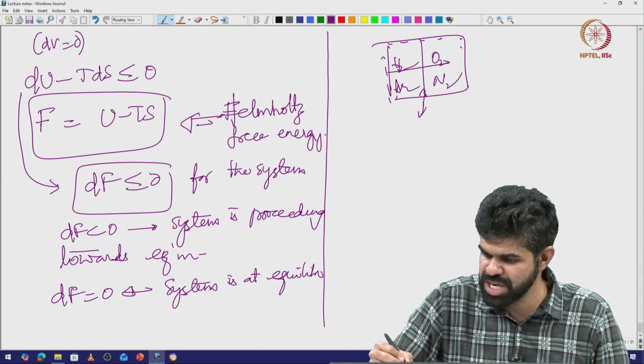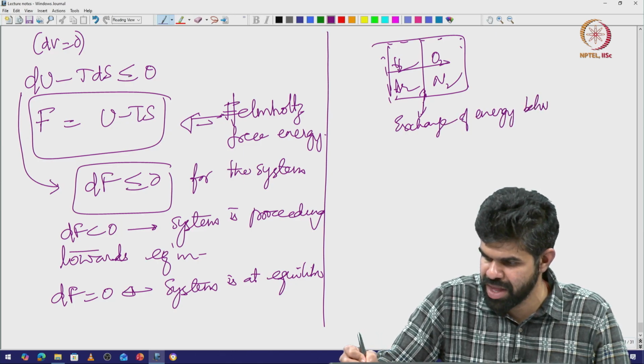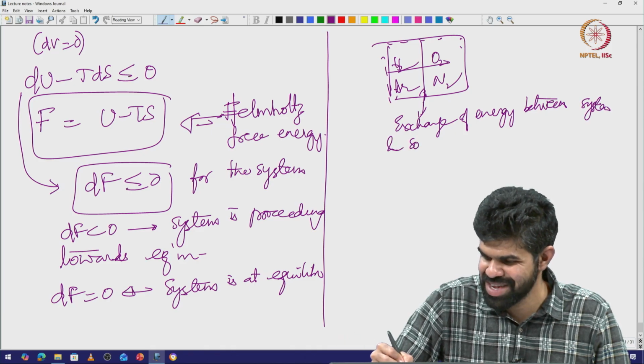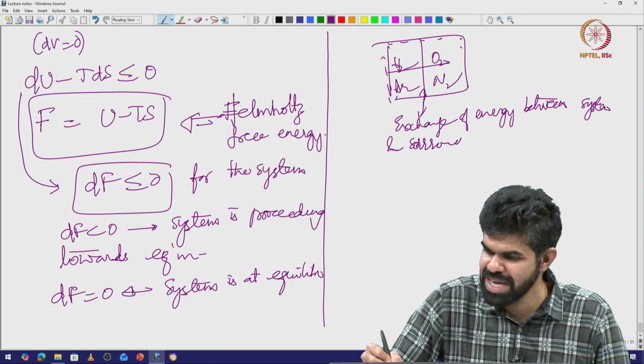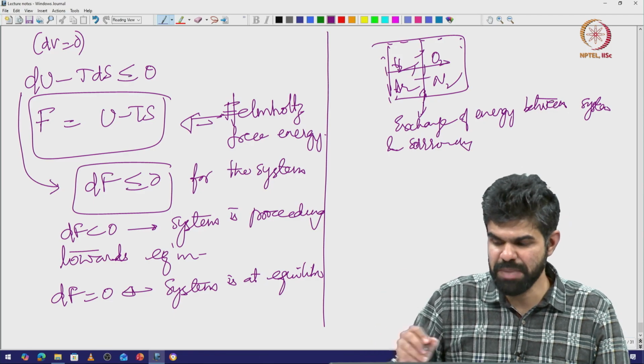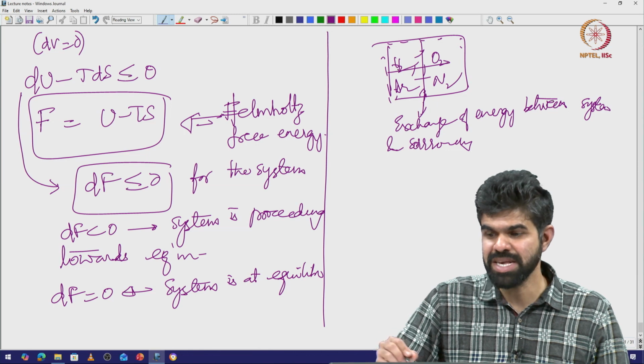So, there can be exchange of energy between the system and surrounding. Then I break these barriers, and the entire system mixes.